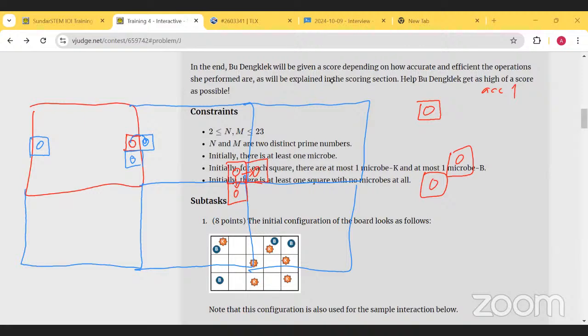Okay, great. After that, if we accelerate 1 again, then we will get 3 empty cells, right? Okay, and then after accelerating again, we will get 4 empty cells, and so on.